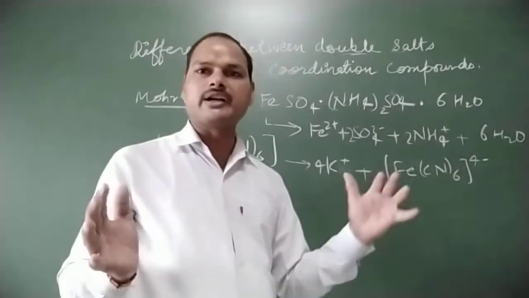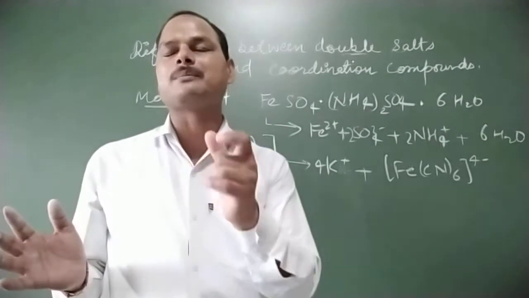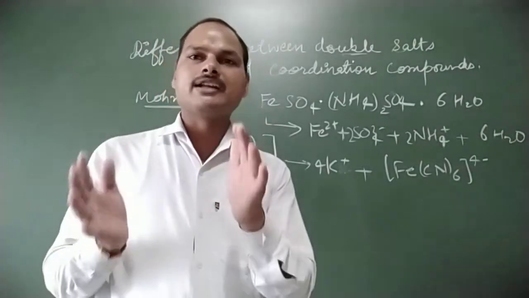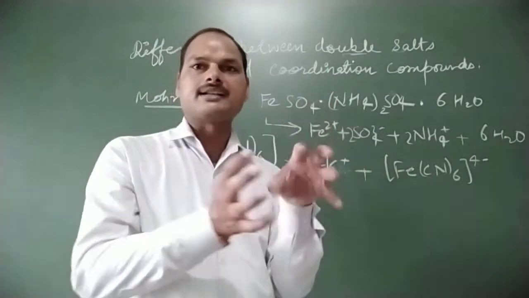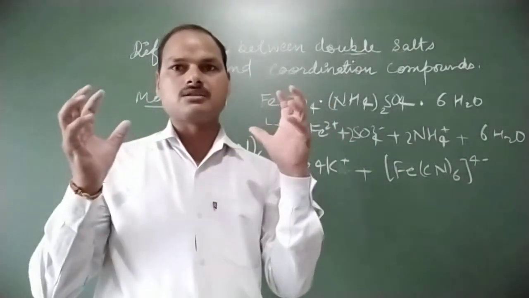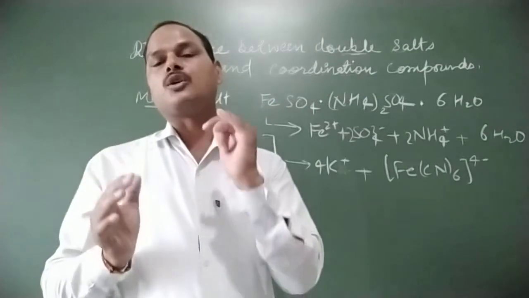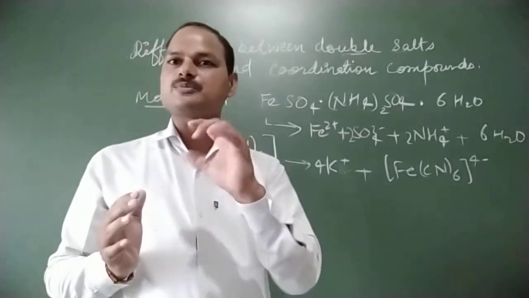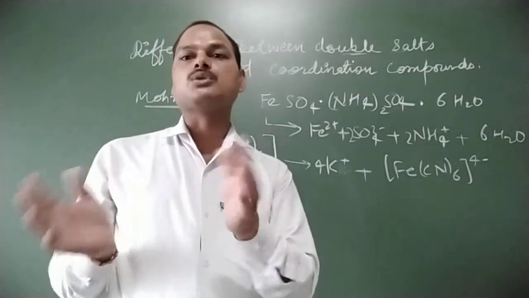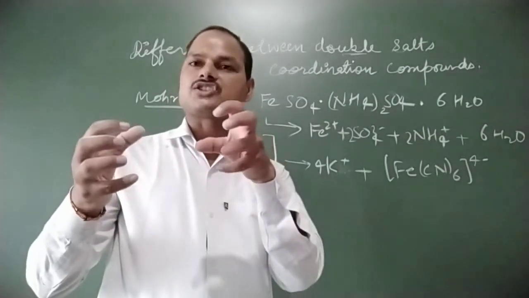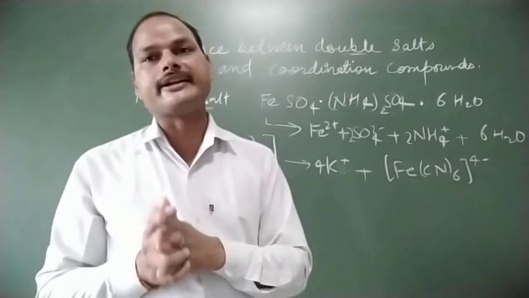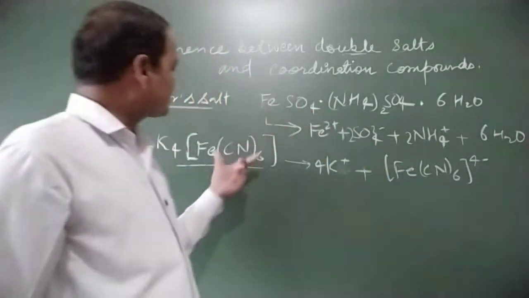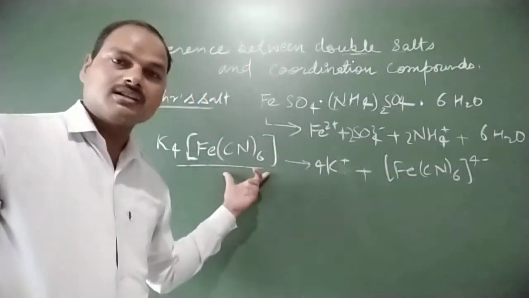Such a type of bonding, in which a pair of electrons is given by one ion or atom to another atom, where only one atom or ion provides both electrons for bonding while the other atom only shares them, is known as a coordinate bond. And that's why these compounds are also known as coordination compounds.